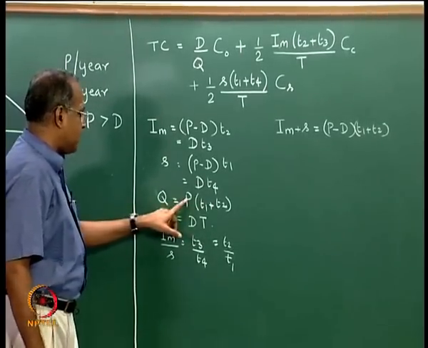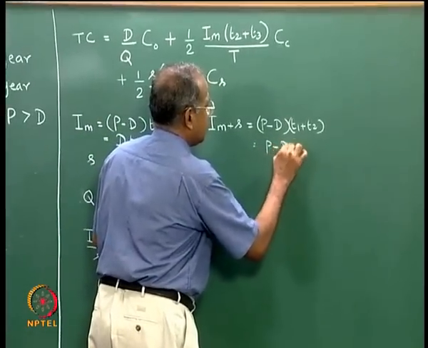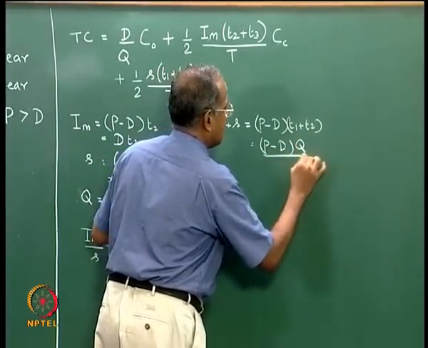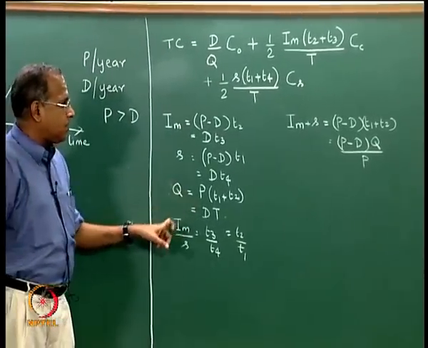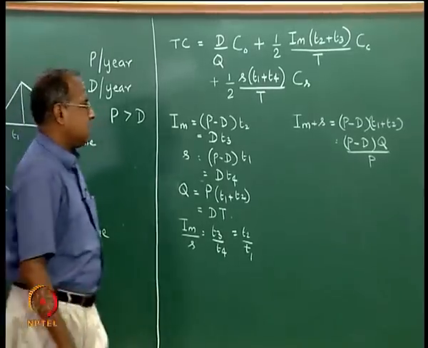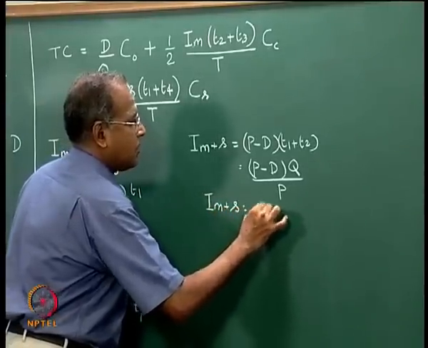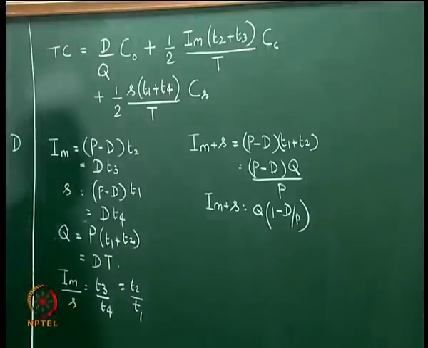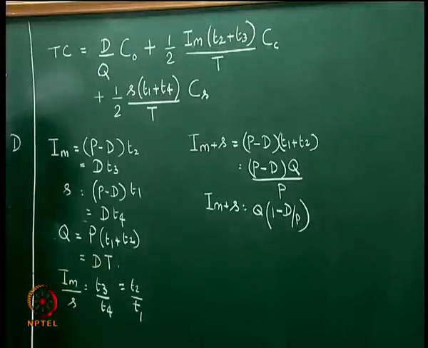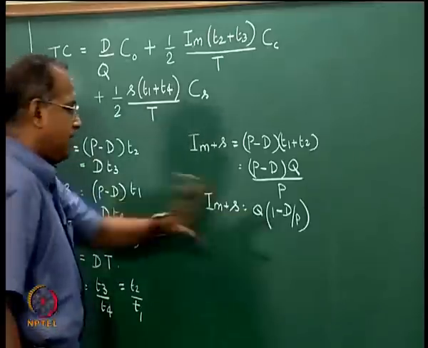Now T1 plus T2 is equal to Q by P. So, this is equal to P minus D into Q by P, because from here T1 plus T2 is equal to Q by P. So, Im plus S is equal to Q into 1 minus D by P. Now, this is a very important equation which we will use to relate Im, S and Q. So, this is one important relationship.